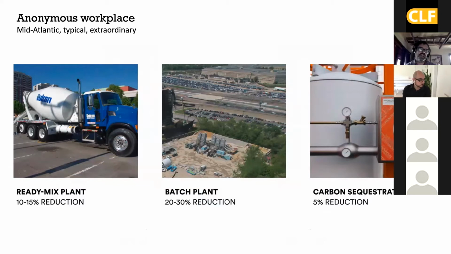One of them had a nearby plant, and one of them set up a batch plant on site. We saw reductions with both of them, with more significant global warming reductions in the batch plant. I think the proximity to the project site allowed them to push the mixes a little bit more in SCMs and was a little more successful. But both of them, using that tool in concert with a whole building LCA, achieved significant reductions.